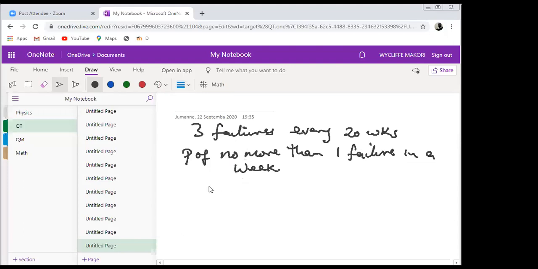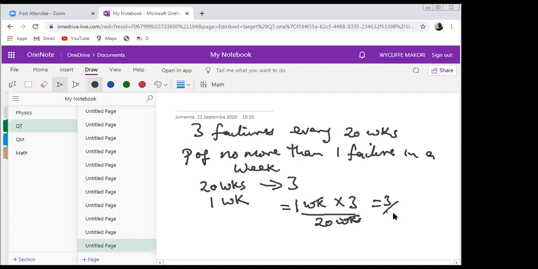If in 20 weeks we experience 3 failures, how many failures do we expect in 1 week? It's 1 week times 3 over 20 weeks, which is 3 over 20 per week. We cannot use 3 because 3 is for 20 weeks and the question is talking about a week, so we need an average per week. So it is 3 over 20.